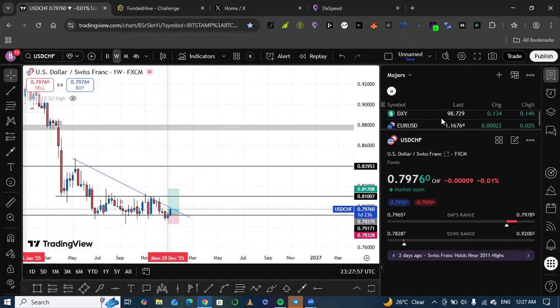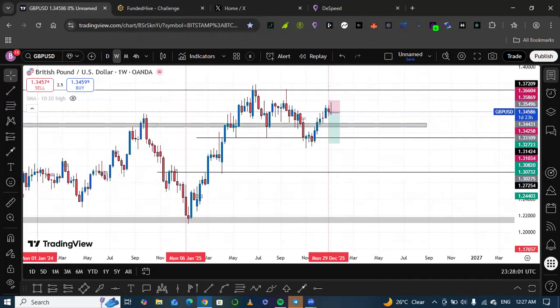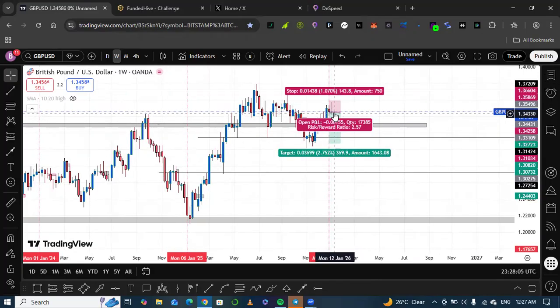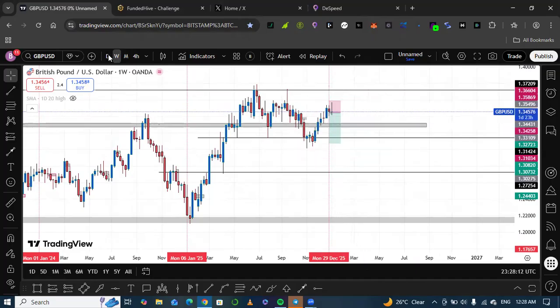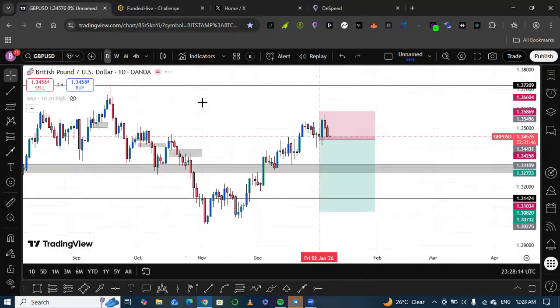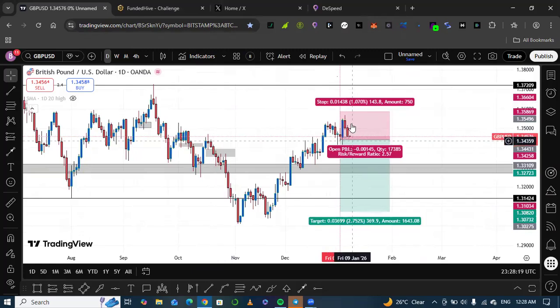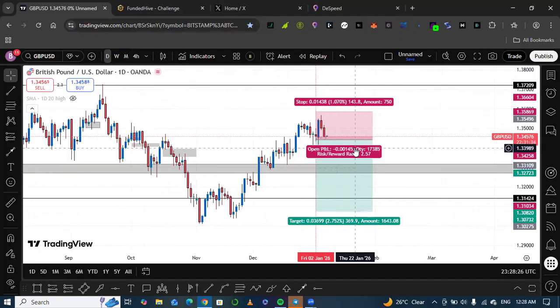So let's continue with our analysis on GBP/USD. On this time frame, I'm expecting maybe more consolidation around here, but we can start seeing some signs of bearishness. Overall, I'm bearish on the pair, and I will keep holding my position until I get stopped out or until maybe finally it decides to start selling. So that's it on GBP/USD.